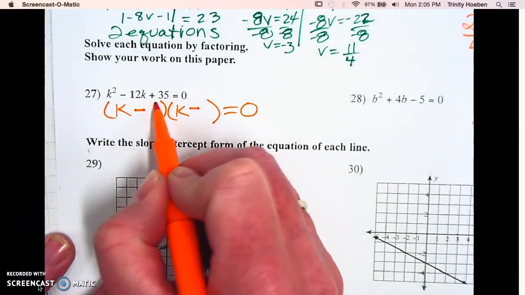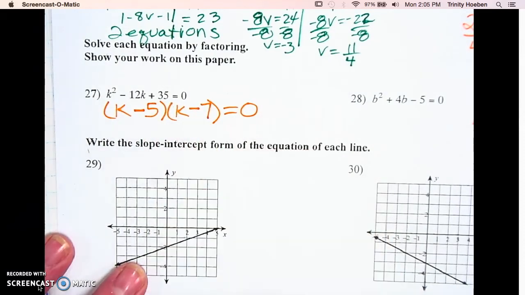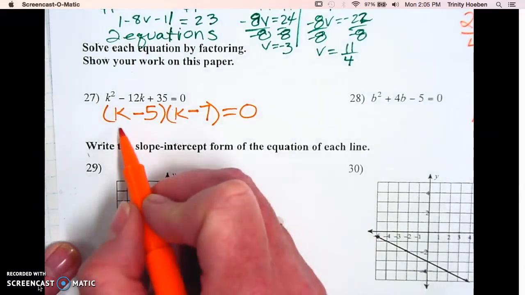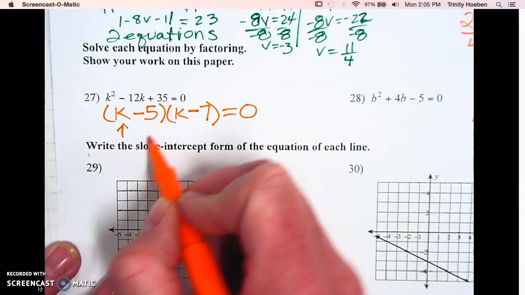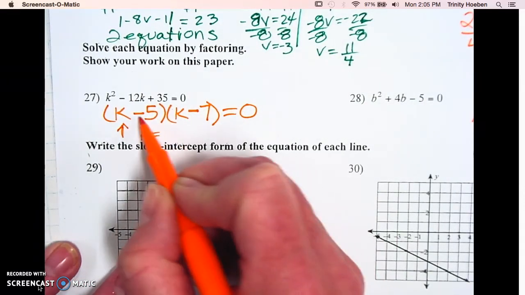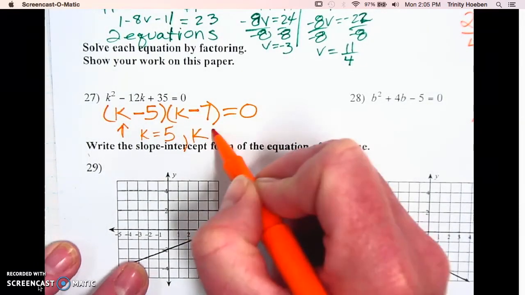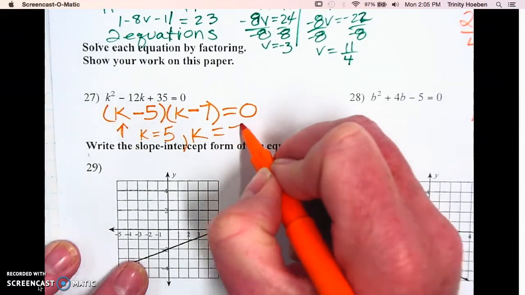And I can do it in my head, it's 5 and 7. And then we just set each of them equal to 0, ends up being the opposite of negative 5, which is positive 5, same thing here. So k is either going to be equal to 5 or positive 7.